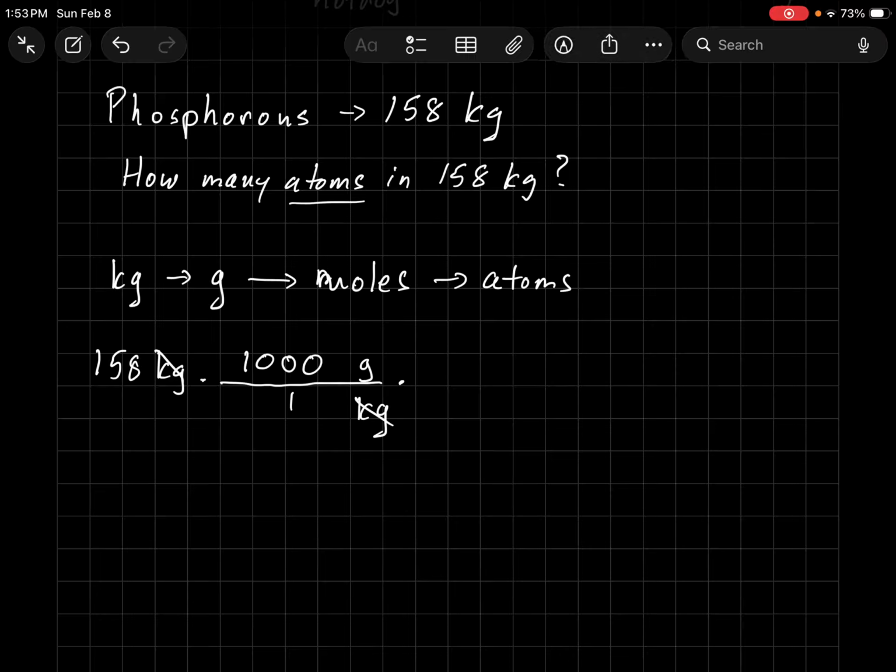And this will depend on the element. So you need to look it up for phosphorus. I happen to look this up a little beforehand. And I want moles up here, and I want grams down below.